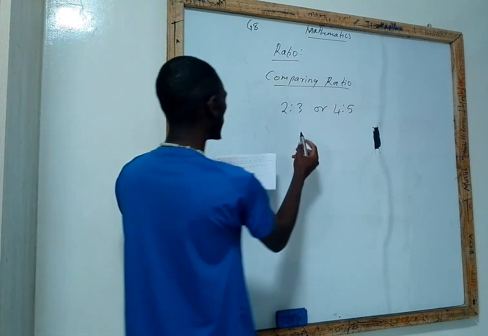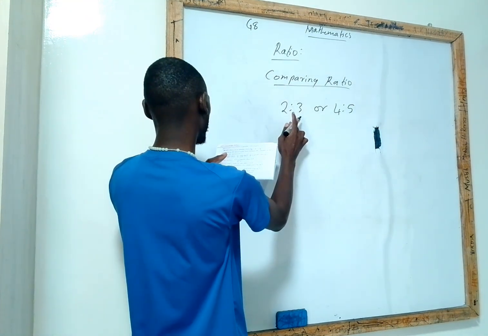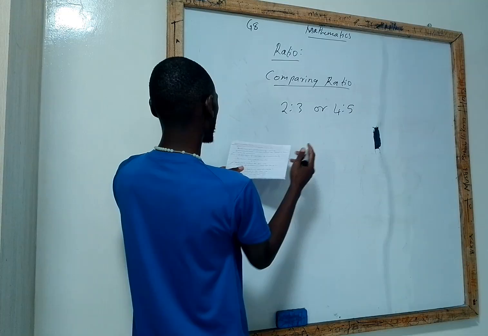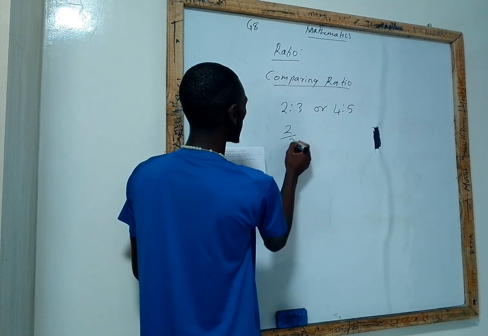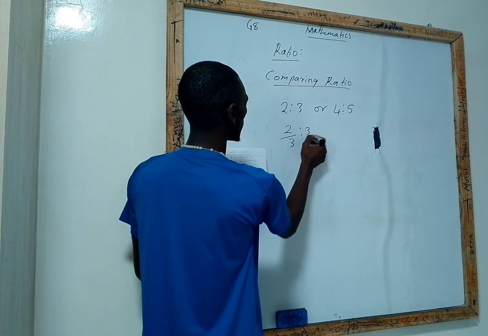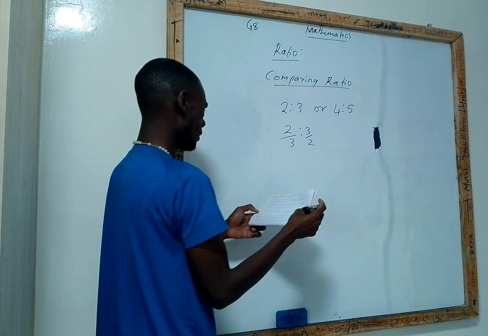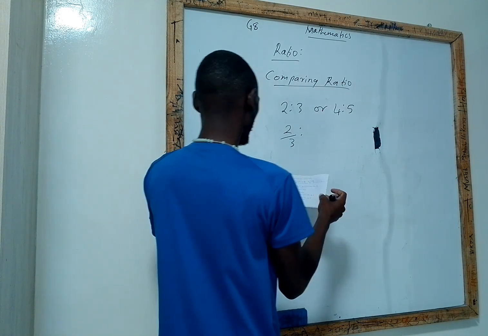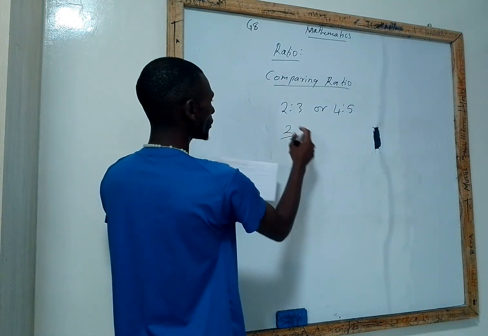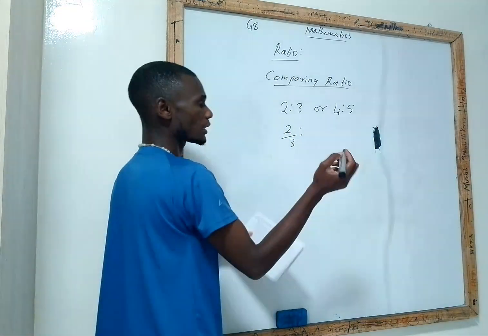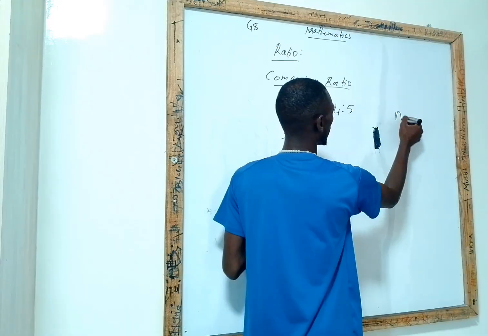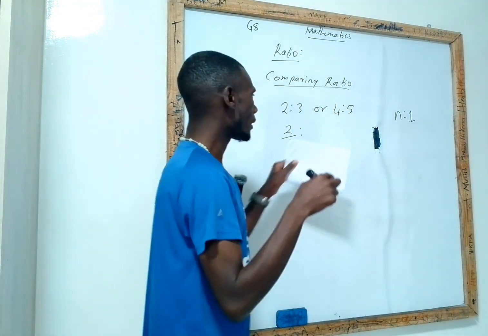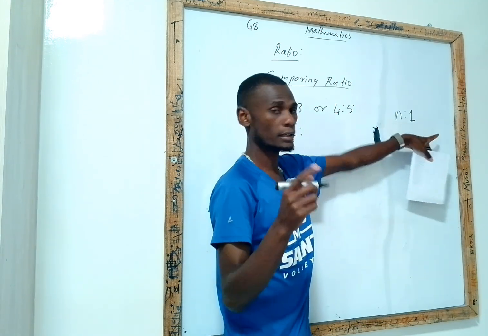The first ratio here was this one, 2 to ratio 3. So you have to write it first as a fraction. Now, the rule wants us to write it as ratio n to 1.